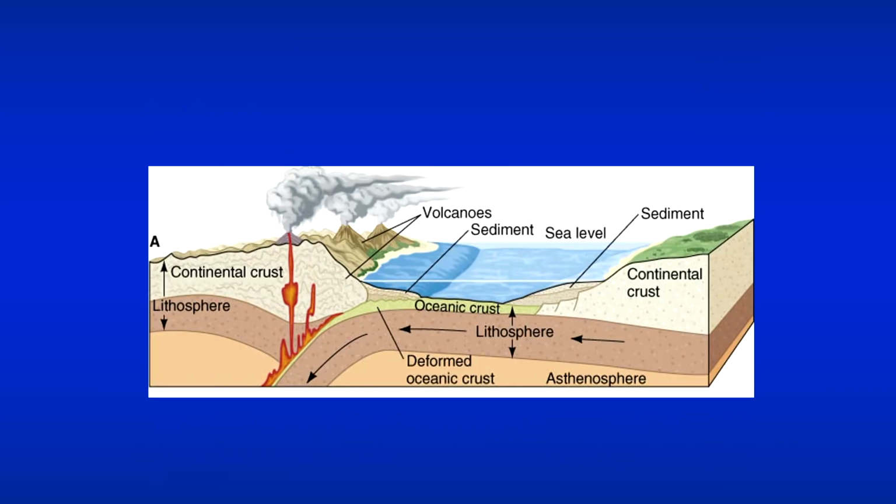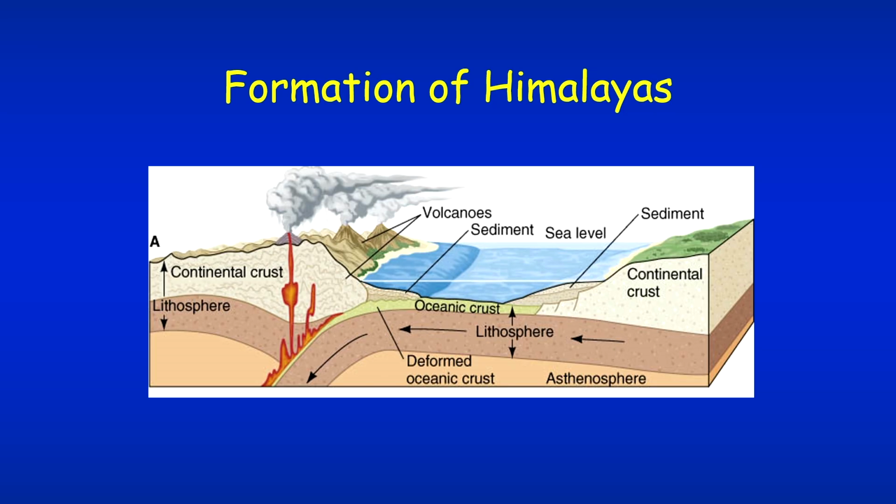So let's see how the formation of the Himalaya started. As I was mentioning, in front of the Indian plate, so this is your Indian plate, there was oceanic crust that resulted in subduction and volcanoes on the overriding plate. So this is your Tibetan plate, or you can also say Eurasian plate.